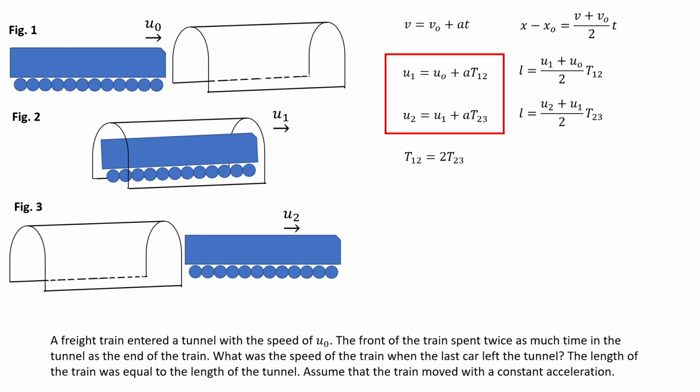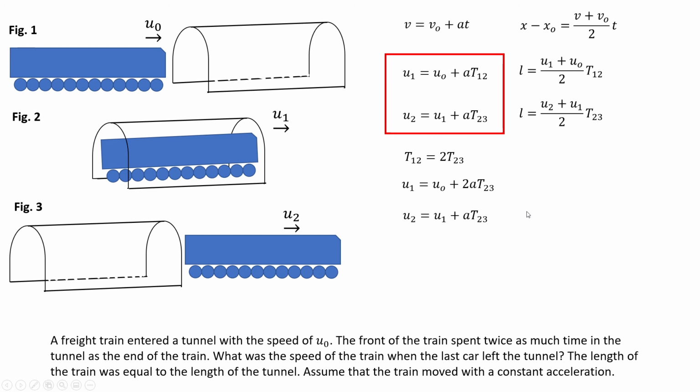So first, let's concentrate on the left equations, okay? So first what we're going to do, we're going to replace t12 with 2 times t23 in the first equation. In this case, these two equations are going to be written the way they're written here.